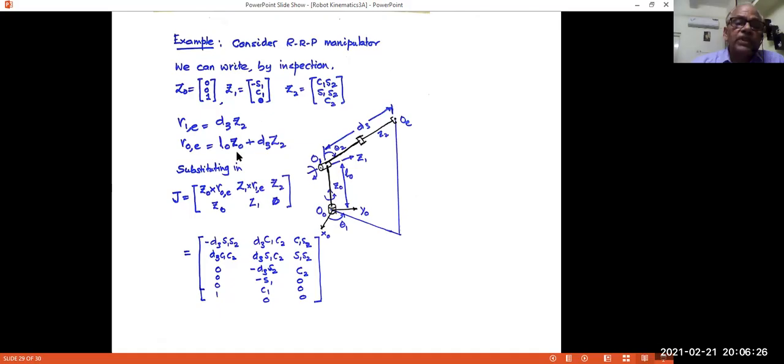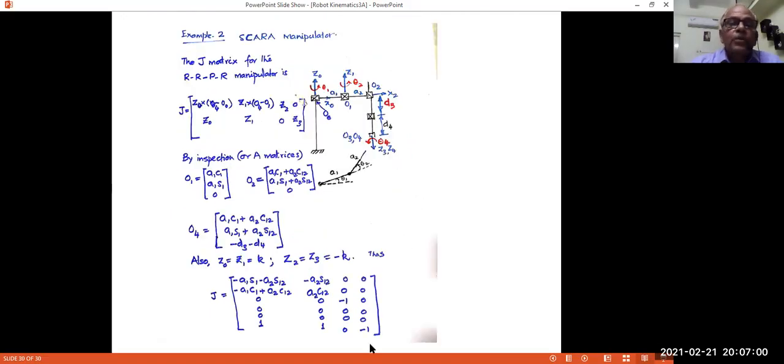So R0 is that. L0 is a constant known to you. D3 is a joint variable known at that instant of time. So you know this also. All you need to do is substitute that and do the cross multiplication of the vectors. Then you will end up with this matrix, which is a 6 by 3 matrix for the 3 joints. Once you have this, you can always multiply by your joint velocity theta 1 dot, theta 2 dot, and d3 dot, and obtain the 6 by 1 vector for the end point velocity.